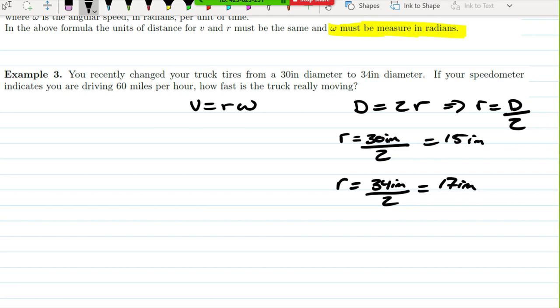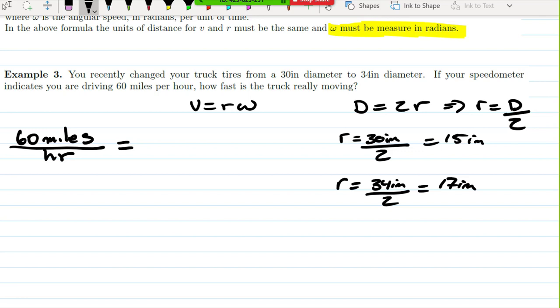So we changed from a 15-inch radius to a 17-inch radius, and we want to know how fast our truck is really moving. When we have 60 miles per hour, that is a linear velocity. So we have 60, and our units are miles divided by hours, is equal to v.